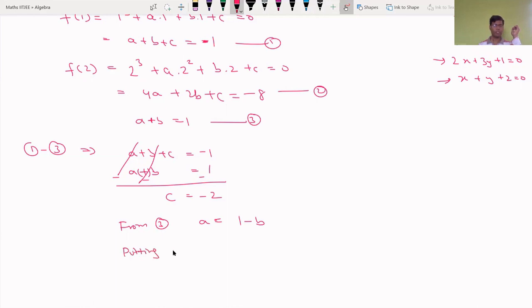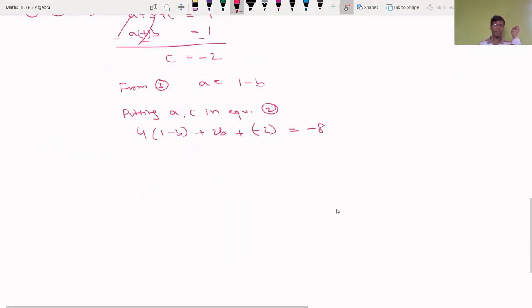Putting a and c in equation 2, we get 4a, that is 1 minus b, plus 2b plus c, c is my minus 2, is equal to minus 8.